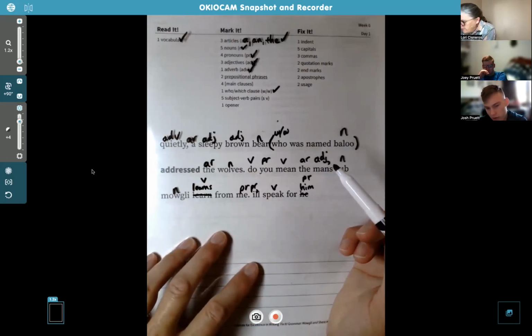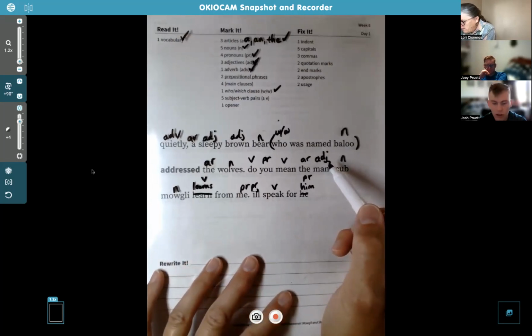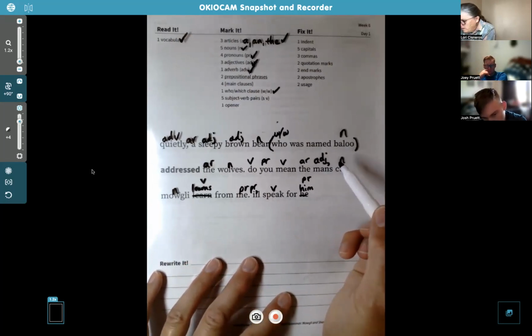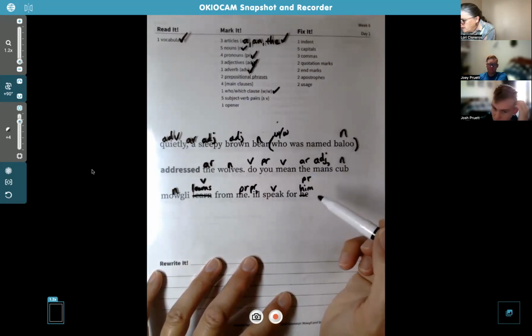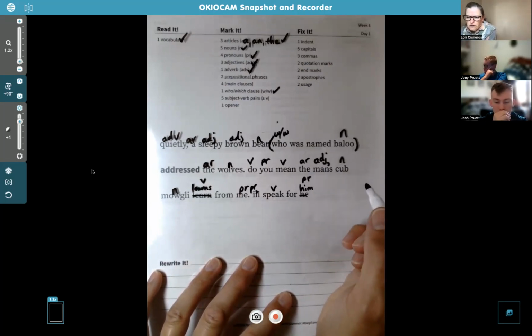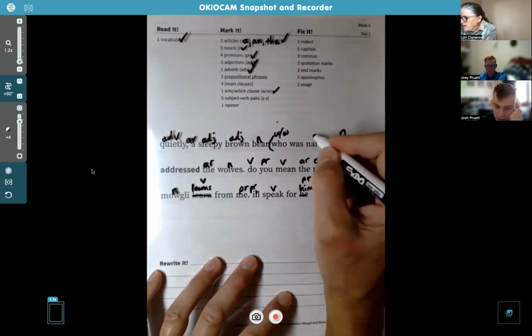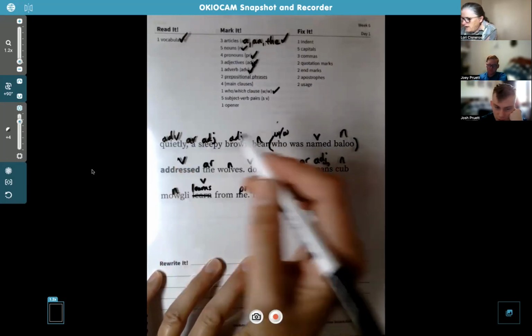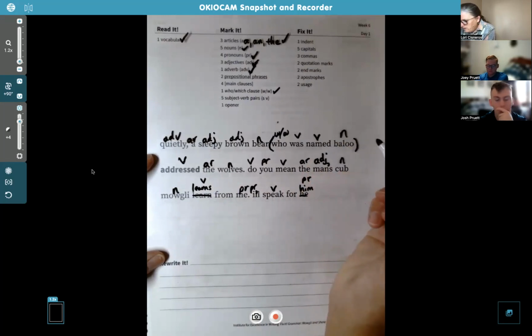Man's maybe. No, man's is already labeled as an adjective there. The end of the sentence. So he was switched to him. So is it that one? No, because that's a pronoun. We already labeled that one. Think of words with ed, because remember, you can change the tense of a verb. Named, addressed. There you go. And then a helping verb, was named.